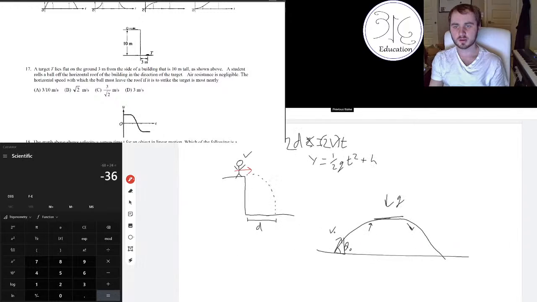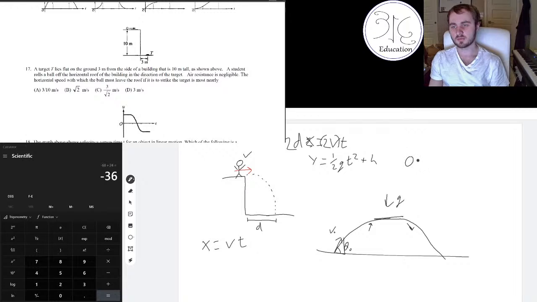Let's look back at this case here, because this is very similar, right? We had our x component was equal to our velocity component times time. And then the time comes from this part here. So solving for this, we want to know the time at which our y equals 0.